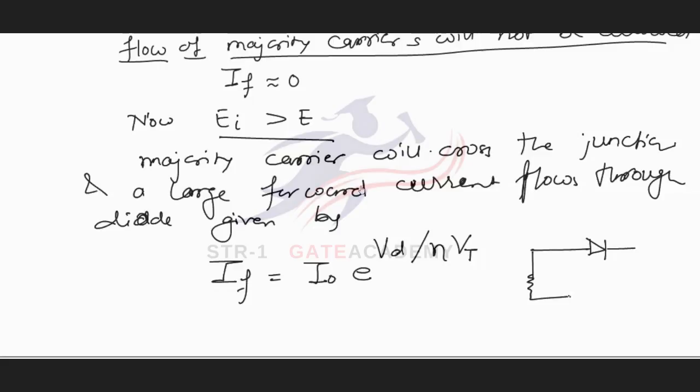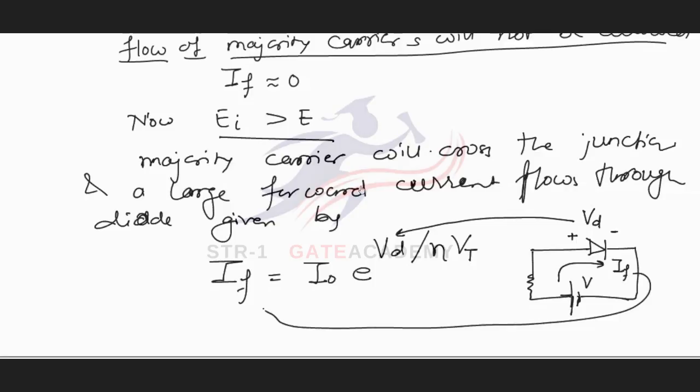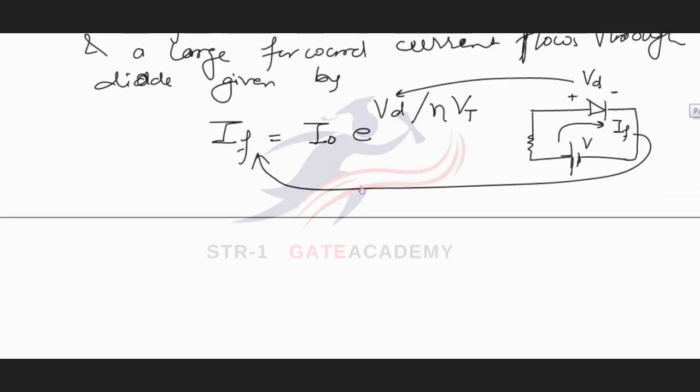This was the PN junction which was forward biased, and across this PN junction, when we apply a supply voltage, there will be some voltage drop Vd, and this voltage drop is considered in this equation, while the current flowing through this diode will be called IF, and this equation is written for this current IF. I naught is called reverse saturation current, which will be explained later.